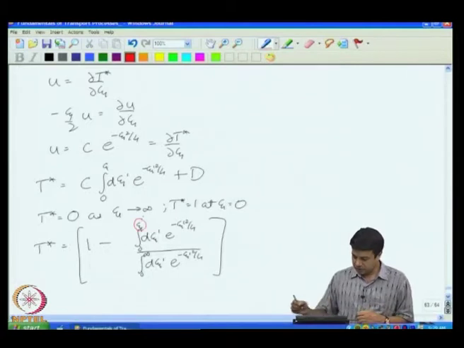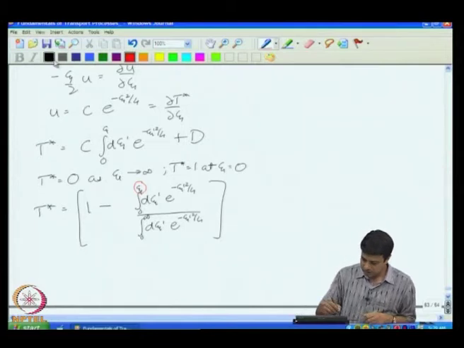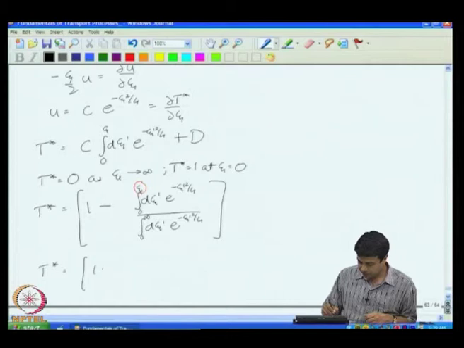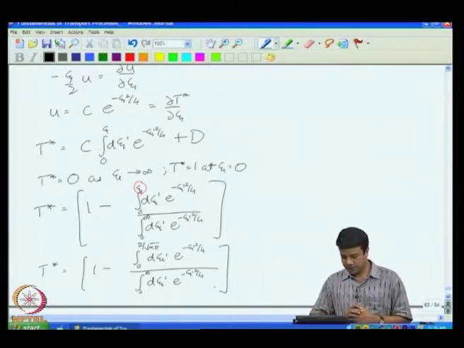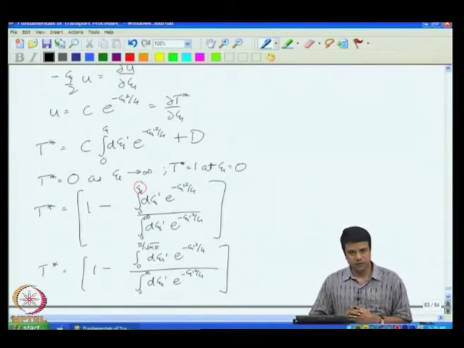Therefore, in terms of the original variables, I can write T star is equal to 1 minus the integral from 0 to z by root alpha t of d psi prime e power minus psi prime square by 4, divided by the integral from 0 to infinity of d psi prime. So, that is the final solution for the temperature field.